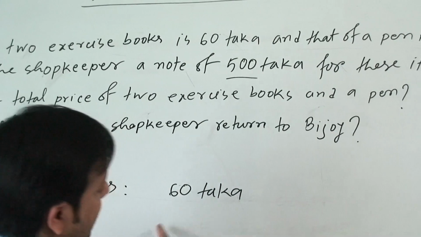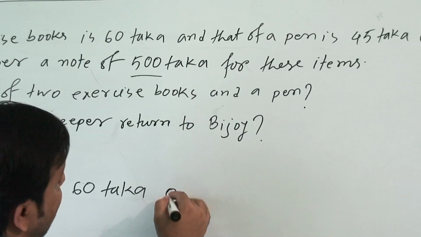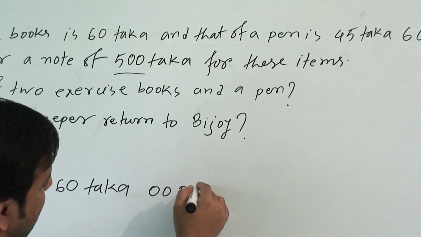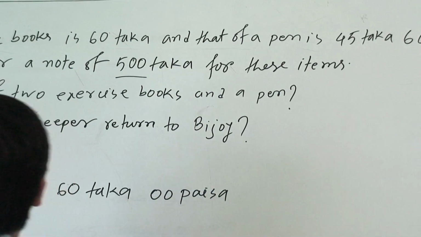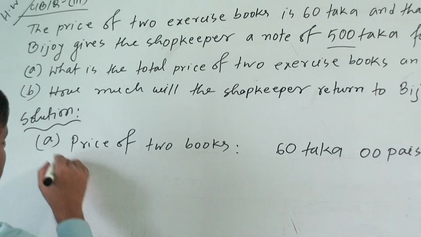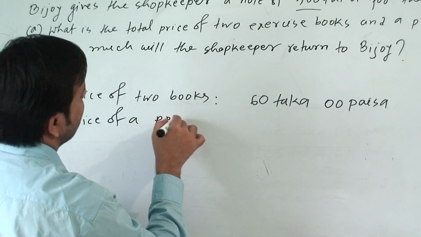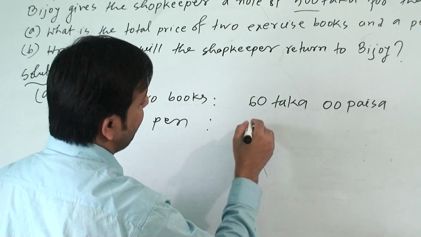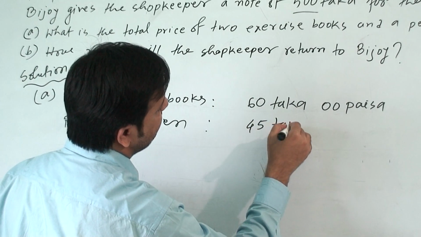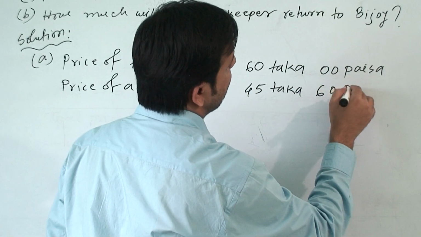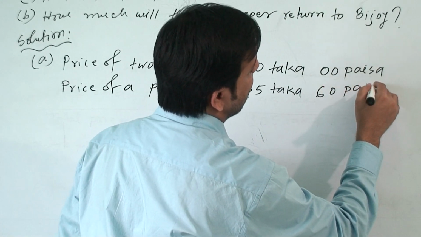Dear students, here paisa is not mentioned, but in case of the price of the pen, paisa is given, so I am writing here 00 paisa. Okay, now the price of a pen. What is the price of a pen? That is 45 taka 60 paisa. This is given in the stem.